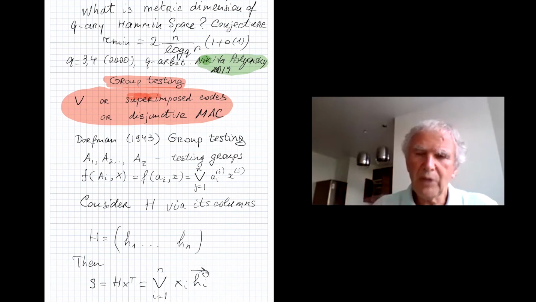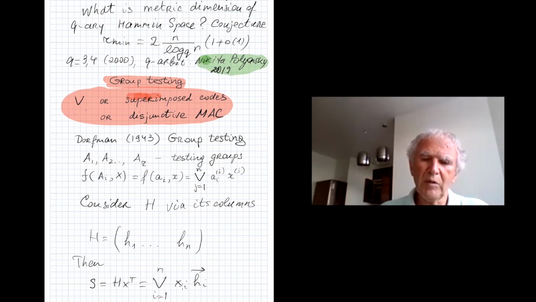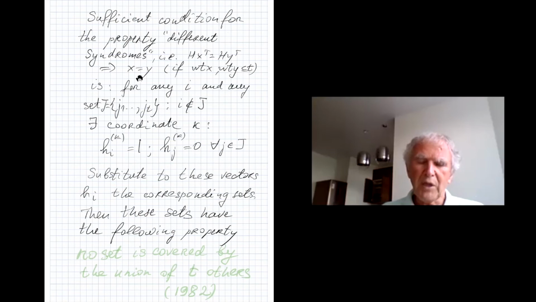And let H1, H2, Hn be its columns. Then the syndrome is, of course, just the Boolean sum of these column vectors Hi. And as Xi is 0 or 1, I may write it as the sum of Hi for such i where Xi is 1. So that's what we have.